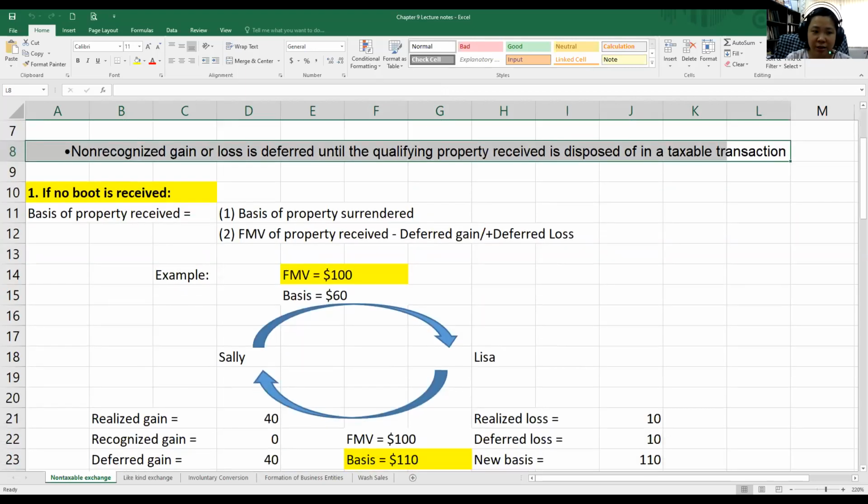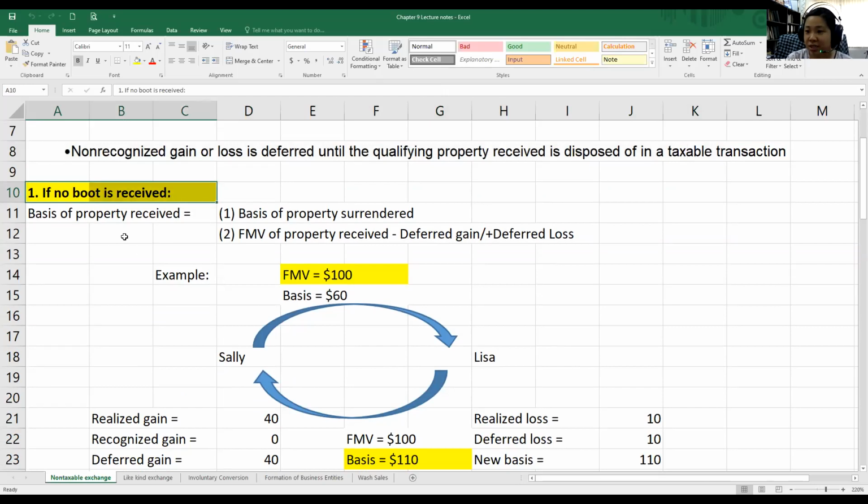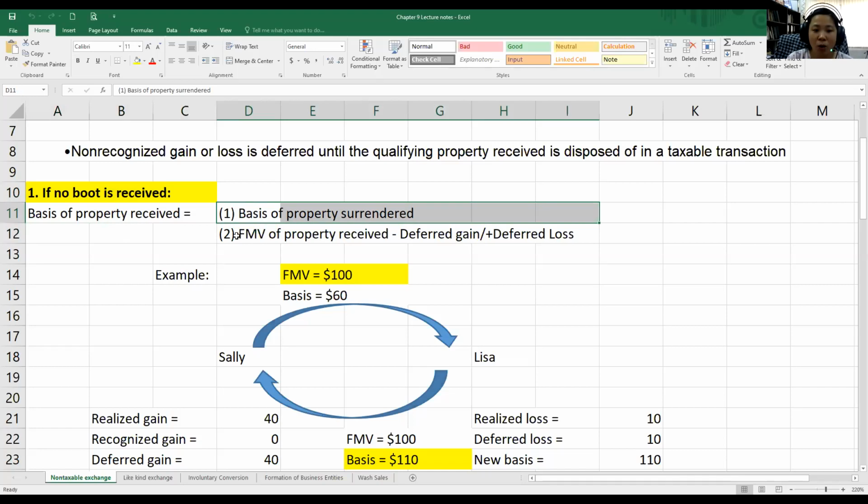Okay, now let's look at the first situation: if no boot is received. Boot means cash, money, or when the other party pays your debt. We call it boot. So if there's no boot, the basis of the property received will be equal to the basis of the property surrendered, which is the first formula, or it can be equal to the fair market value of the property received minus any deferred gain or plus any deferred loss.